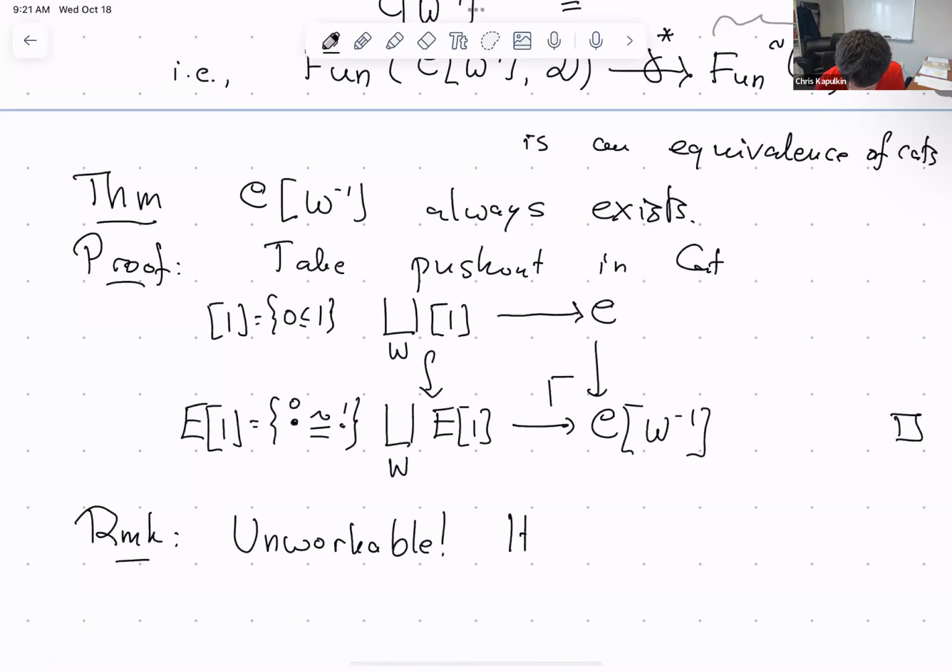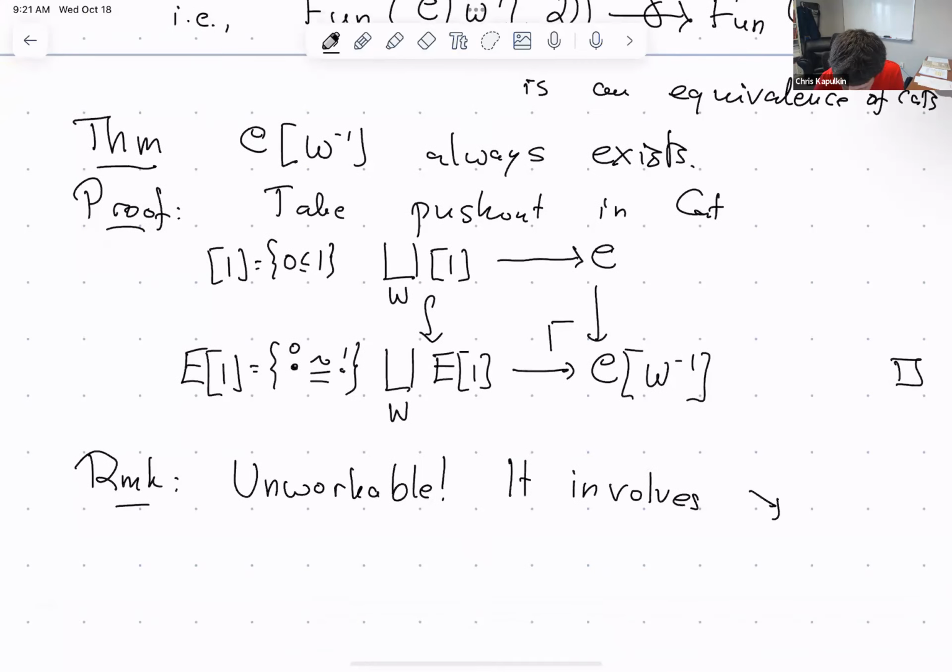It involves things like, in order to get a map from X to Y, I may need to go forward in the category C, but then maybe I need to go back, and I go forward, and I go back with a weak equivalence, and eventually I arrive at Y, but the process may involve zigzags of arbitrarily long size, and that's simply not a good idea.